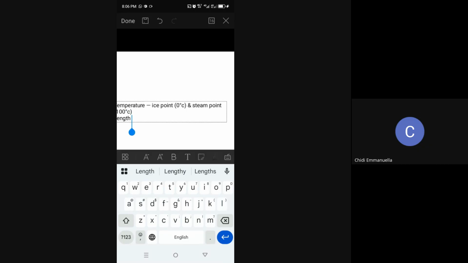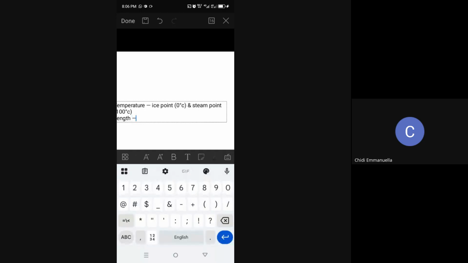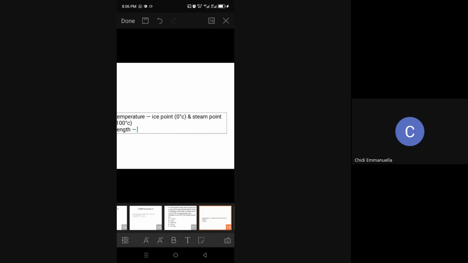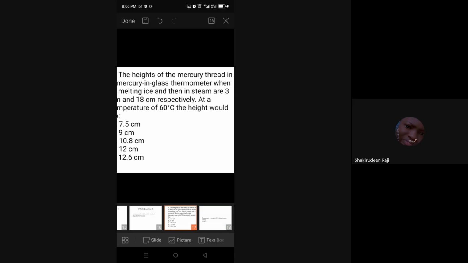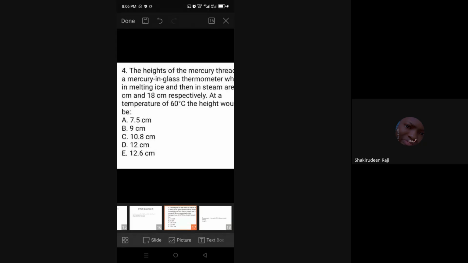So let's go to height, or length. What was given in the question? They mentioned some lengths respectively. What are those heights? Let me go back to the question. They said 3 centimeters and 18 centimeters respectively.